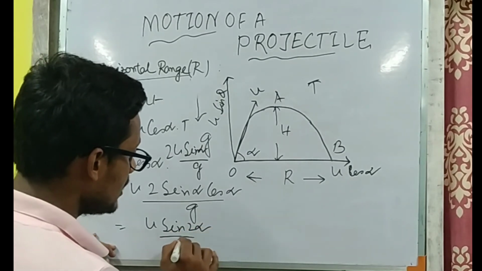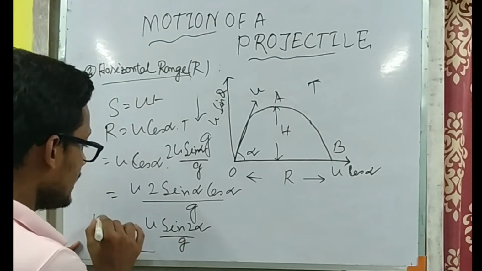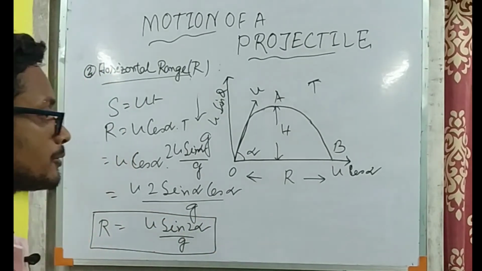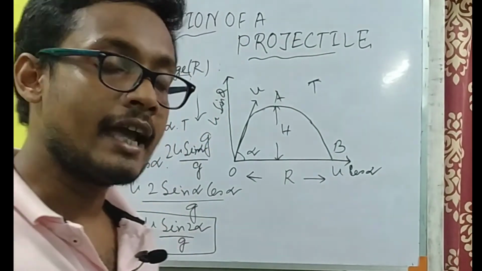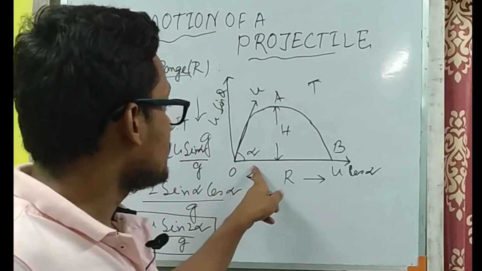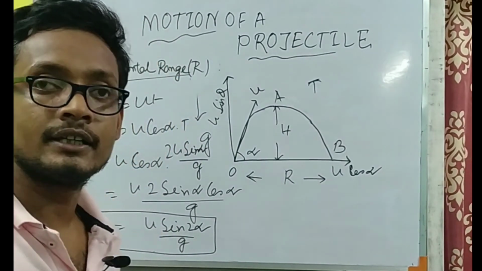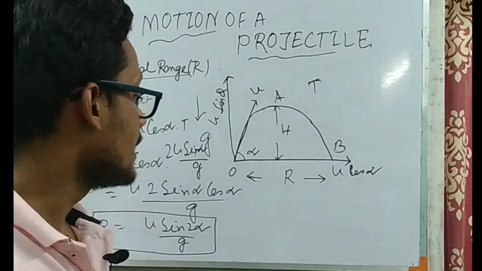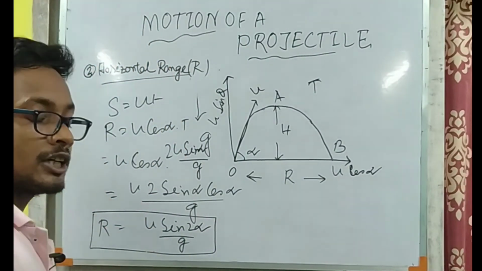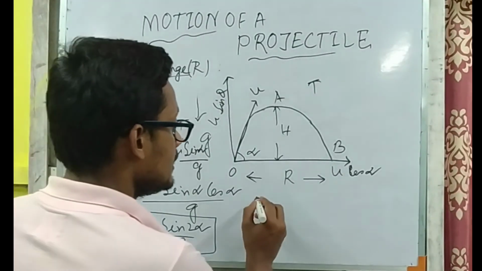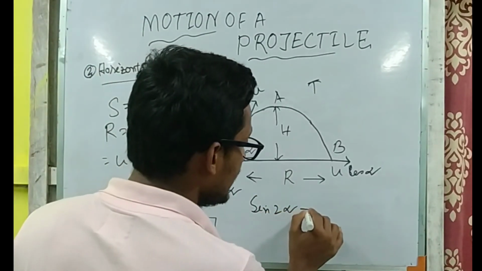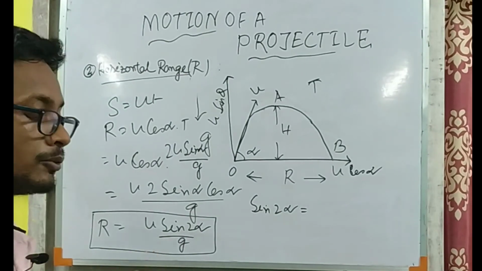Now we will consider another problem: when the projectile reaches its maximum point, that is, when the horizontal range will be maximum. If we consider the expression, it will provide the maximum value when sin 2 alpha provides its maximum value, because u and g are both constant for this particular case.